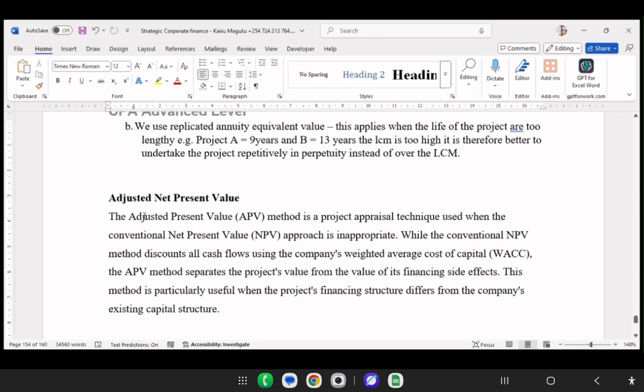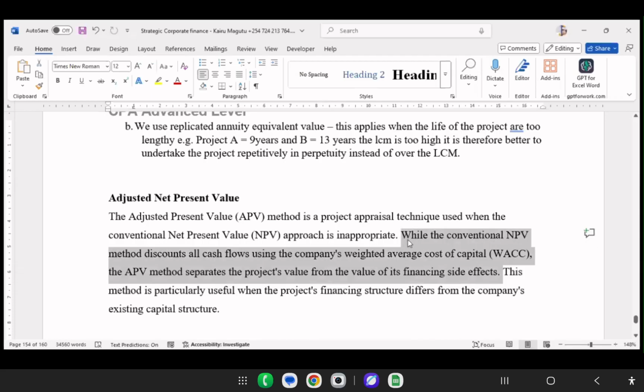The adjusted present value method is a project appraisal technique used when the conventional NPV approach is inappropriate. While the conventional NPV method discounts all cash flows using the company's weighted average cost of capital, the APV method separates the project value from the value of financing side effects.